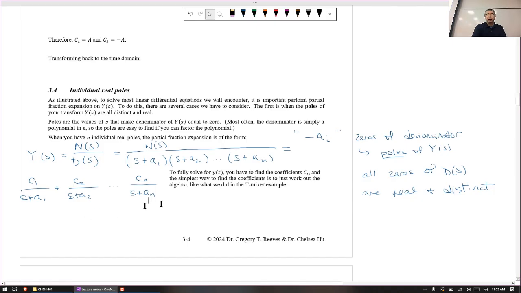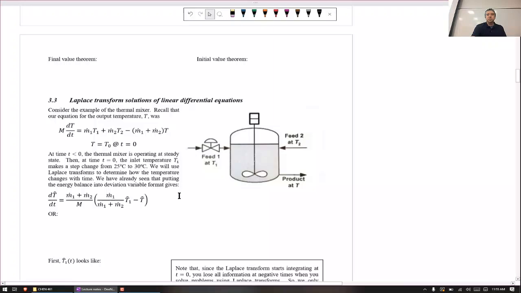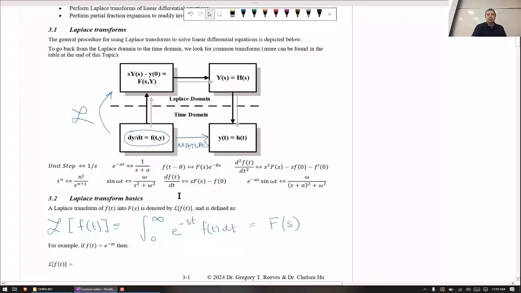Okay, so if I scroll back up to the first page of these notes, and I look at a small snippet of the different things that we can inverse Laplace transform, this here is one of them, where 1 over S plus some constant inverse Laplace transforms back to e to the negative of that constant times t.